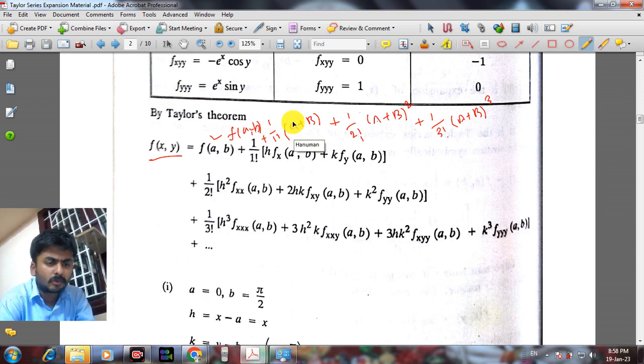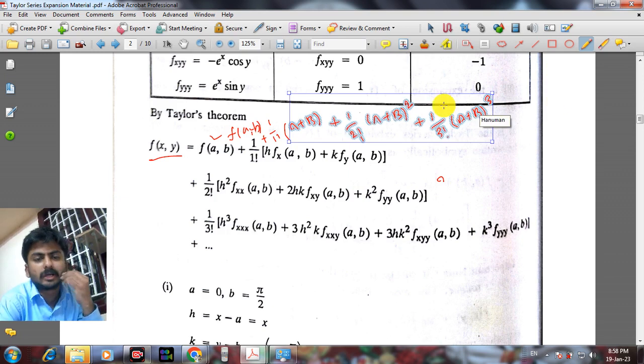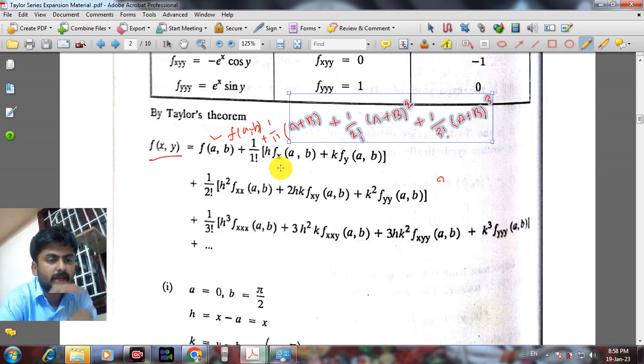So what is our capital A? Our capital A is h into fx of a comma b, or capital B is k into fy of a comma b.